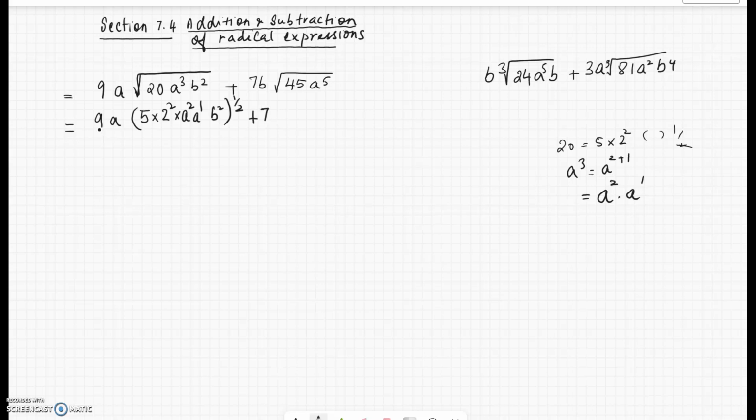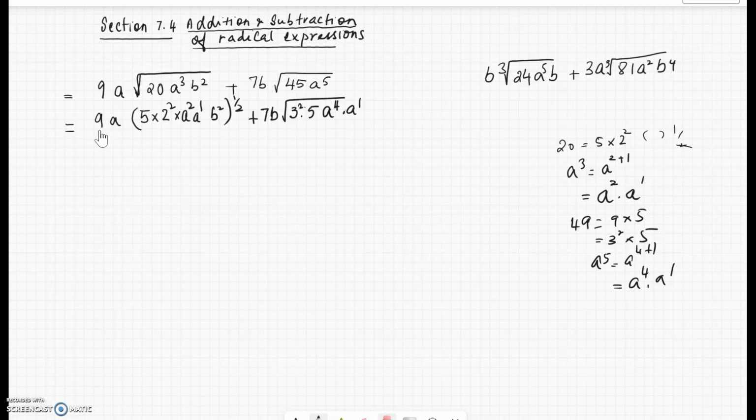So plus 7b, 45 is 9 times 5, which is equal to 3 squared times 5. A to the 5 is a to the 4 plus 1. So this is a to the 4 times a to the 1.